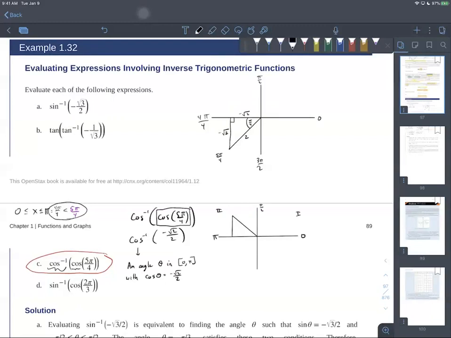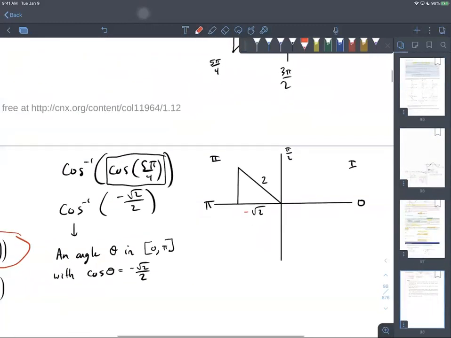Okay. Well, the cosine, the adjacent over hypotenuse, is going to be negative square root of 2 over 2. Of course, the hypotenuse is never negative, so the negative is going to go with the adjacent side. And then I can use the Pythagorean theorem to find this y value here. I'm not going to do it, but it turns out that this y value is going to be the square root of 2.